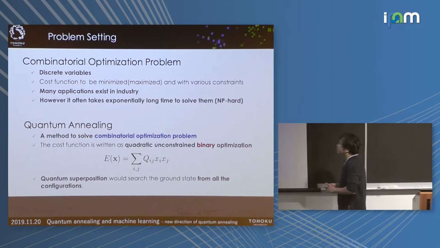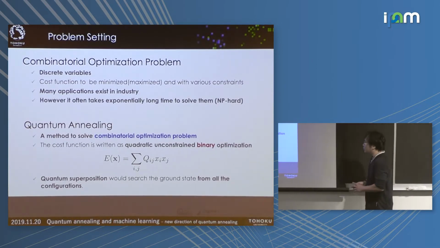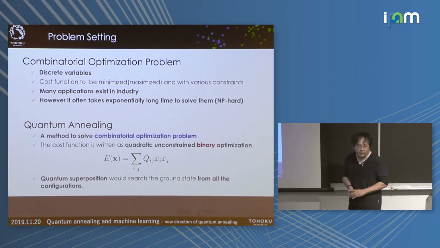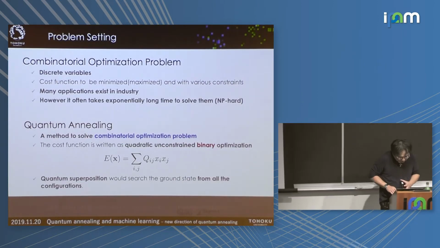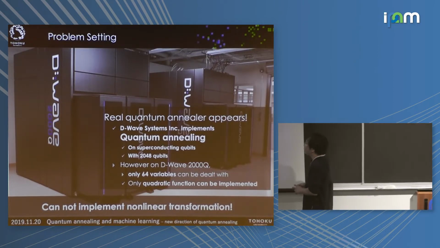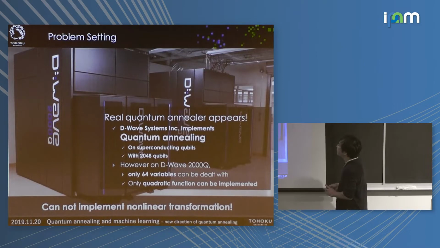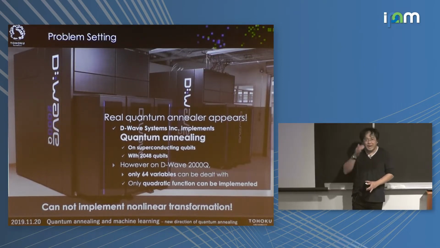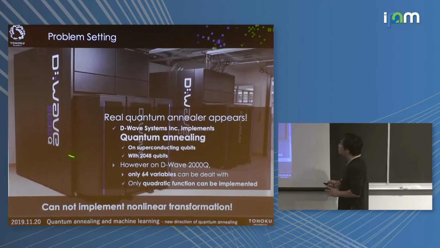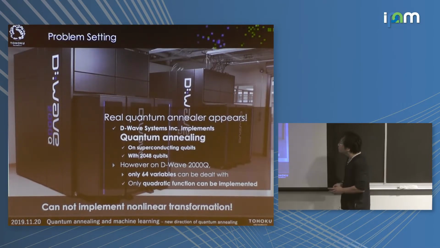Anyway, quantum annealing uses quantum superposition for searching the ground state or lower energy state from all the combinations of spin configurations or binary variables. Here is a picture of the hardware of quantum annealing. This is the current version of the quantum annealer, the D-Wave 2000Q, which implements 2048 qubits.